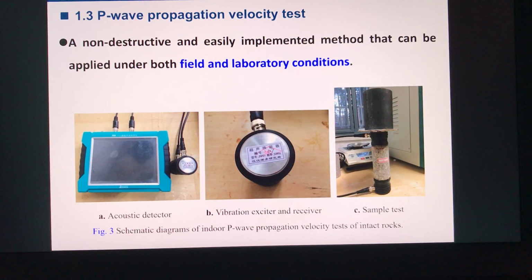Next, I will introduce the P-wave propagation velocity test. It is a non-destructive and easily implemented method that can be applied under both field and laboratory conditions. The equipment included in this test are acoustic detectors, vibration exciters, and receivers.